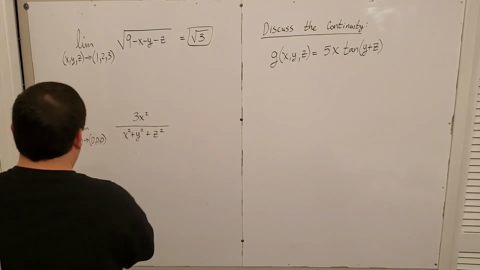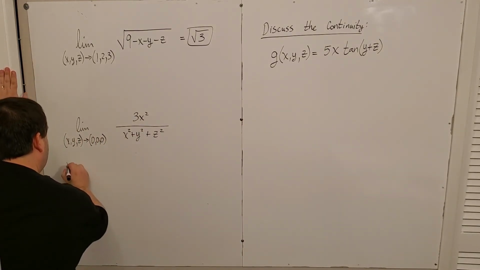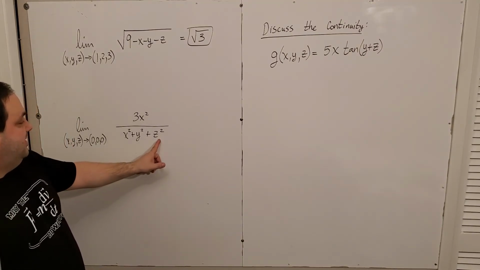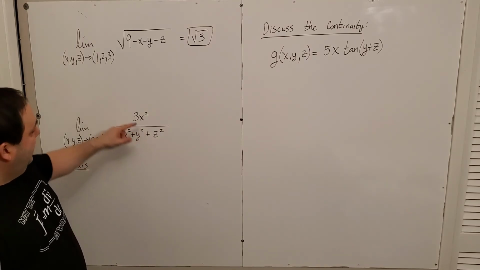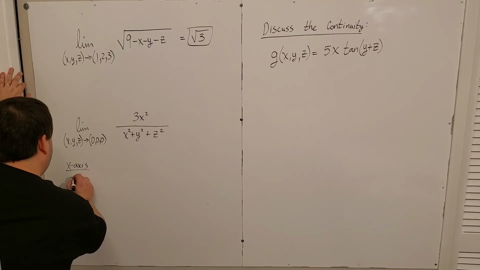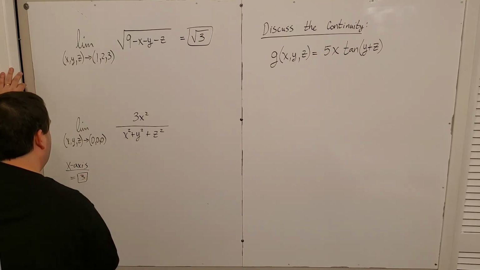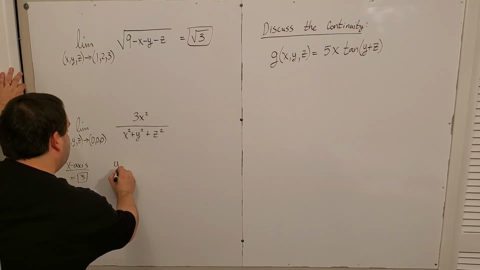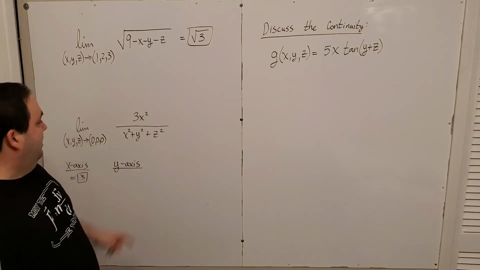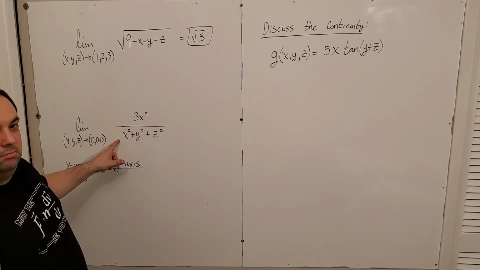So do this. Follow the limit along the x-axis only. If you do x-axis only, then y and z are both 0, and I get 3x squared over x squared, which is just equal to 3. But if I do either of the other axes, like do just the y-axis, then x is 0, right?